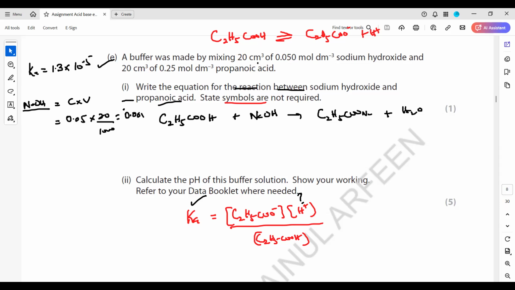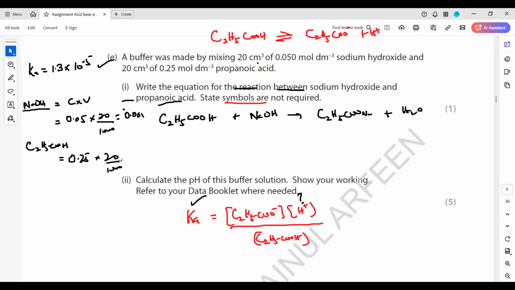And how many moles of propanoic acid is there? So C2H5COOH, that is the concentration into volume. The concentration is 0.25 and the volume is 20 divided by 1000.